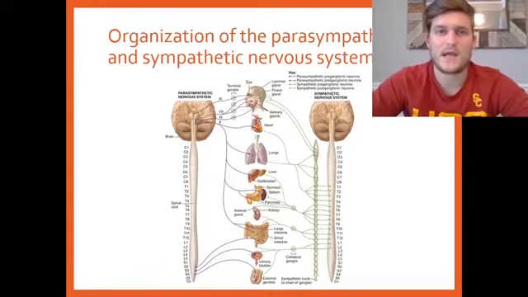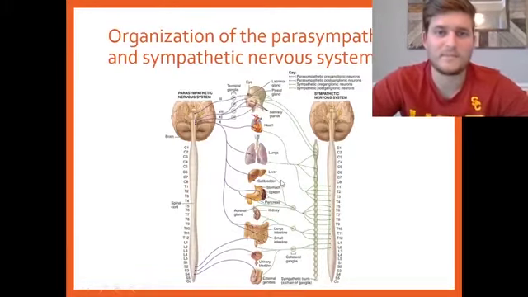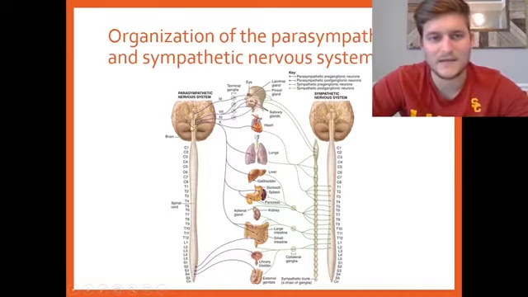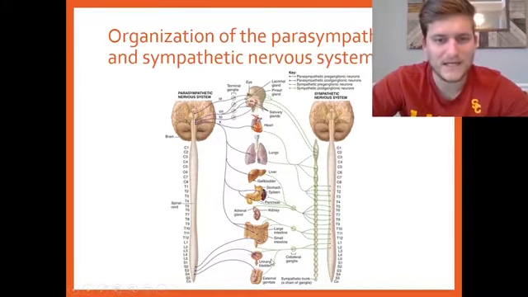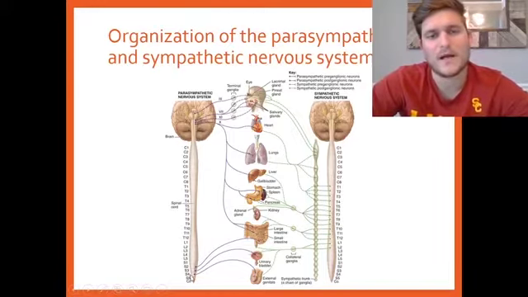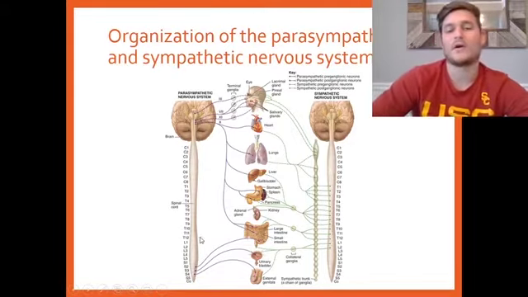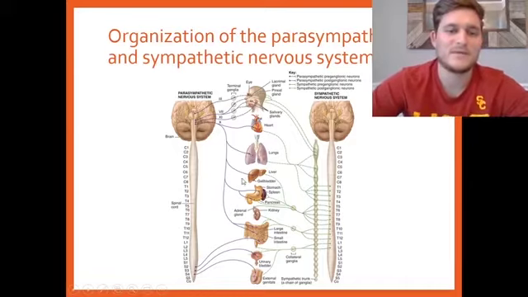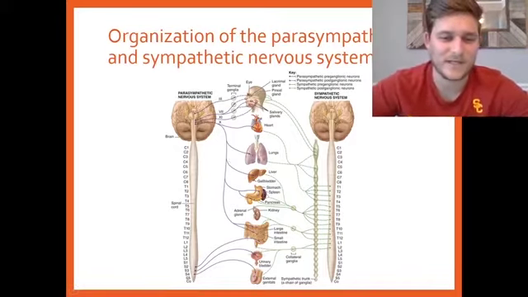Here we could see an anatomical view of the parasympathetic and sympathetic nervous systems. You could tell at the parasympathetic side that some cranial nerves are going to come out, preganglionic nerves, in order to send out parasympathetic messages to the different organs of the body. And then for autonomic responses that occur, let's say, below the belt, you have a few parasympathetic neurons stemming from the sacrum.